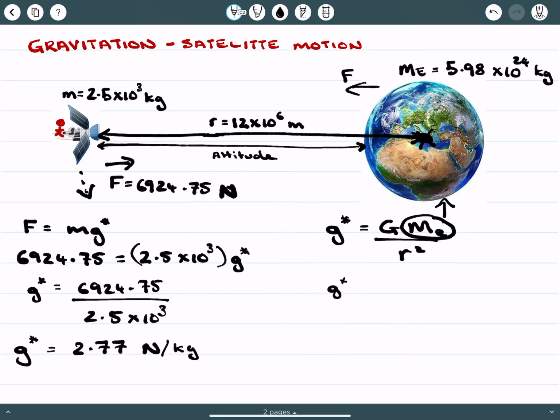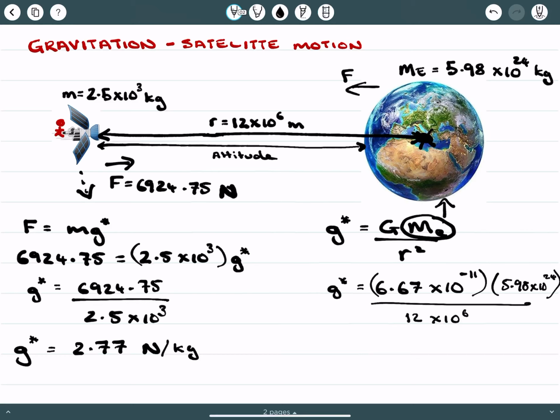And if we explore this, times 10 to the negative 11, mass of Earth, all over the radius squared, we get our relative gravity being exactly the same. So there's just two ways that we can find it. Depending on the question type, you might want to consider which method you're going to use, but both are valid.